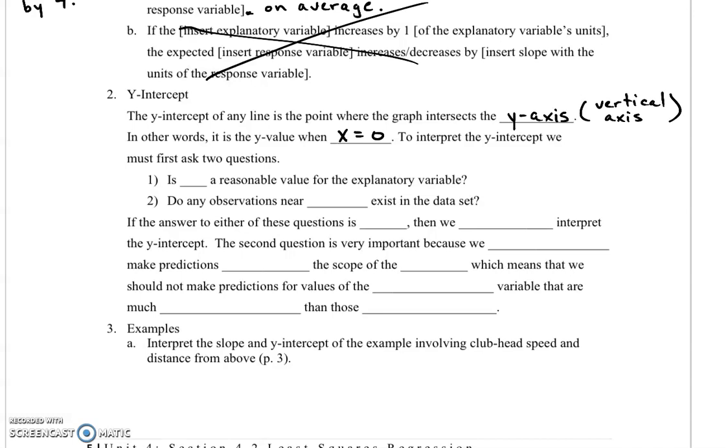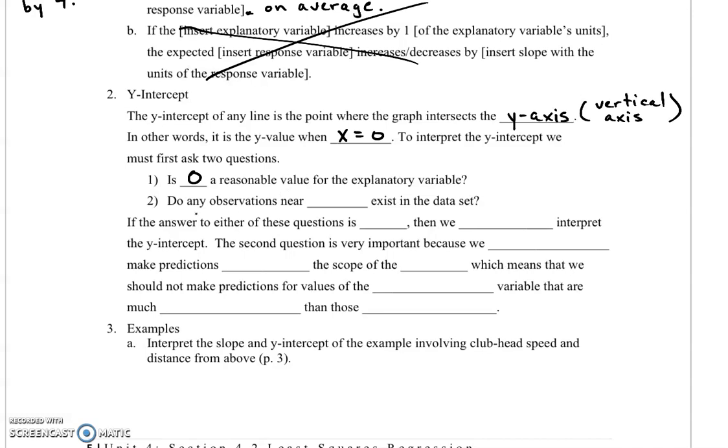So to interpret the y-intercept, we have to ask two questions first. The first one is, is 0 a reasonable value for the explanatory variable? Obviously, if the explanatory variable is the weight of a human being, 0 is not a reasonable value.